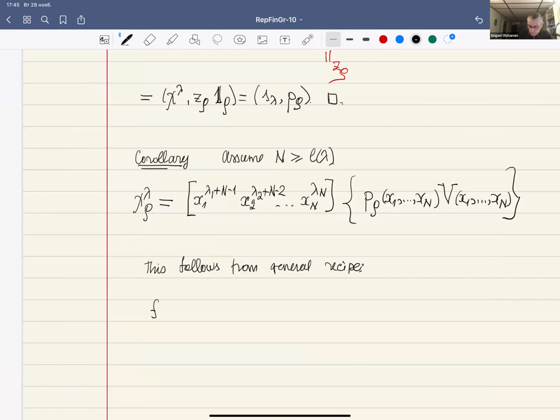You want to find the coefficients in the expansion of some symmetric polynomial in n variables.